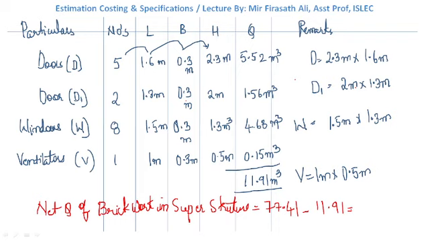The value is 65.5 meter cube. This is the net quantity of brickwork in superstructure.